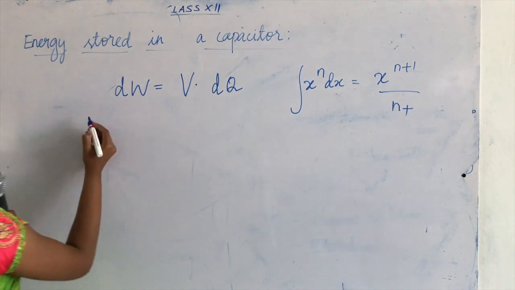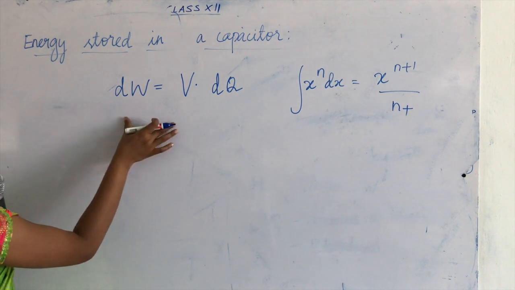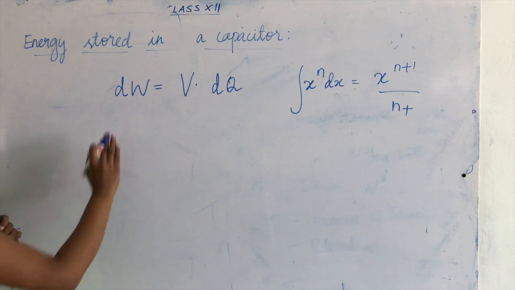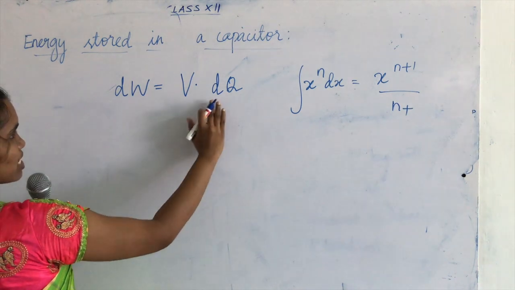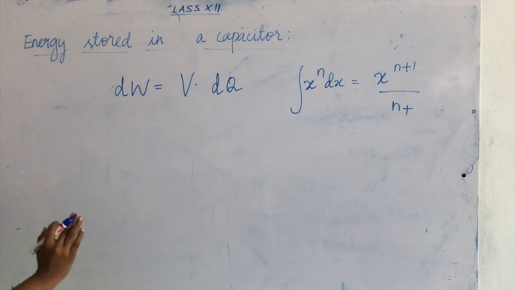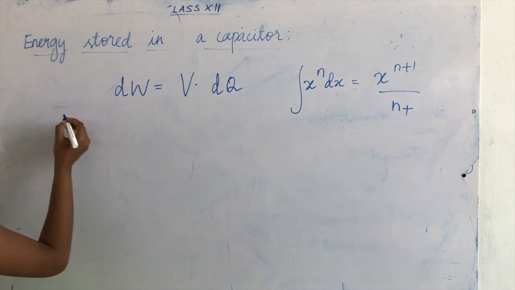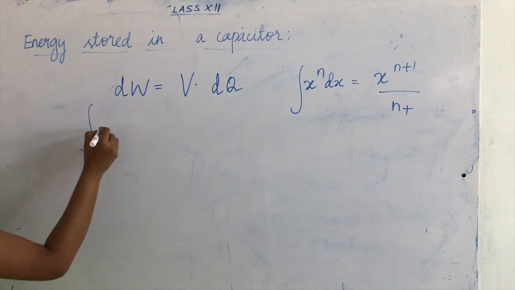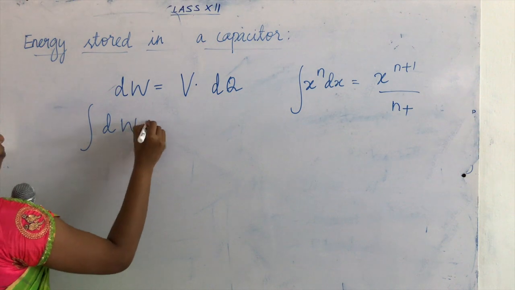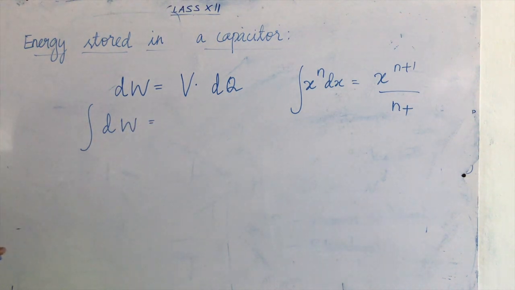Now apply the integration here. As there is a change in work done and change in charge, we have to integrate it and find the amount of energy stored in the capacitor. dW equals V dQ. What is V?